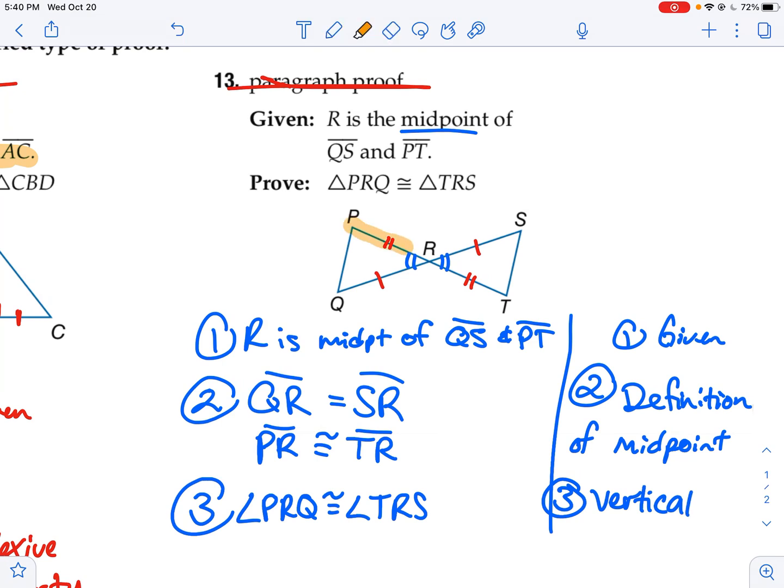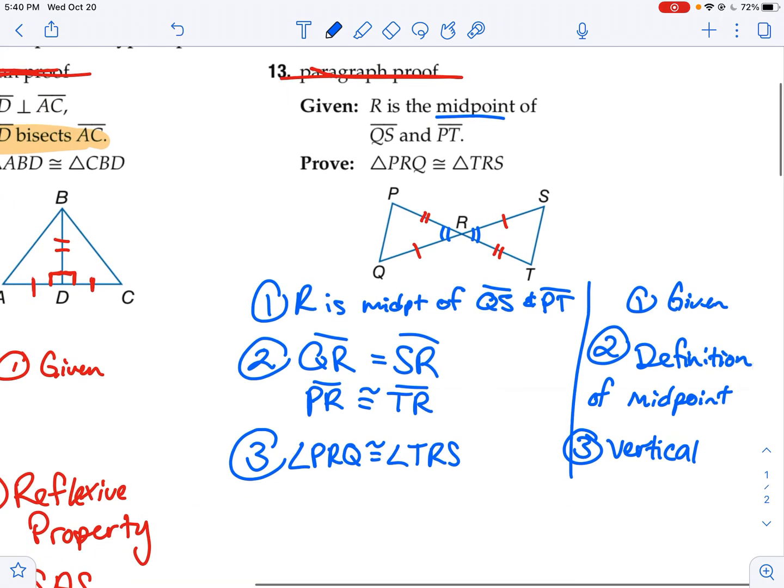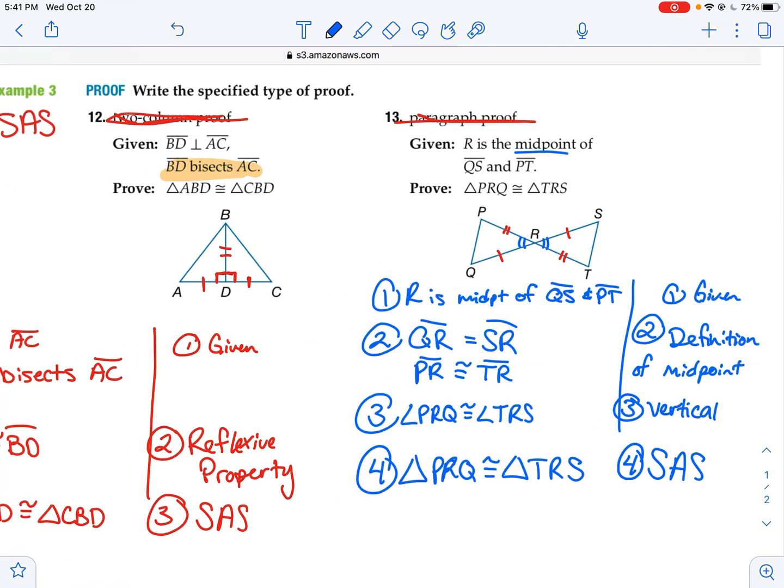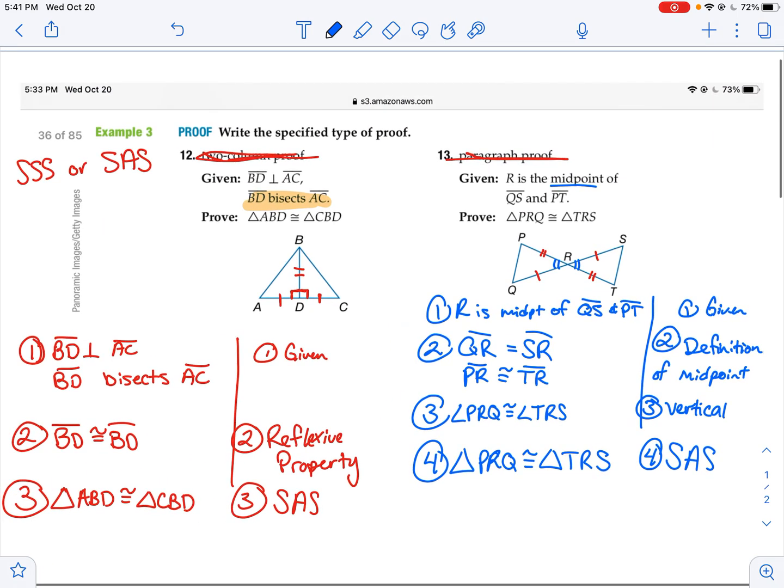I have a side, an angle, and a side. And here I have a side, an angle, and a side. So that must mean that by side angle side congruence, my triangle PRQ must be congruent to TRS. And again, that was side angle side congruence.